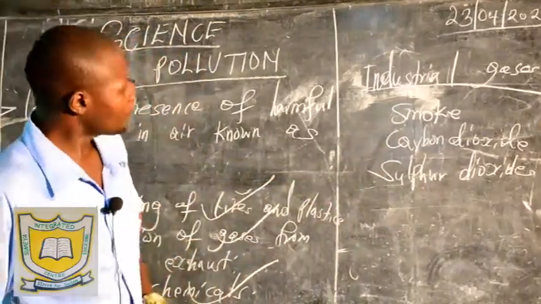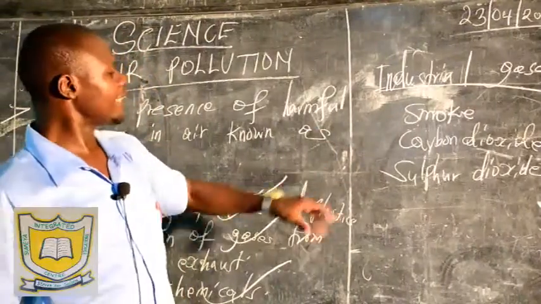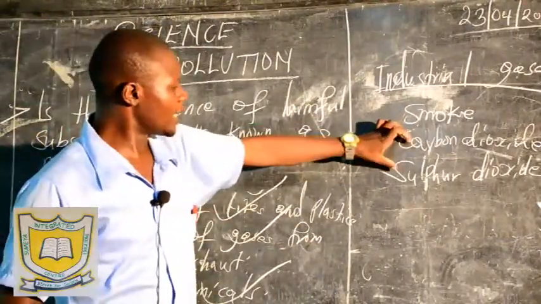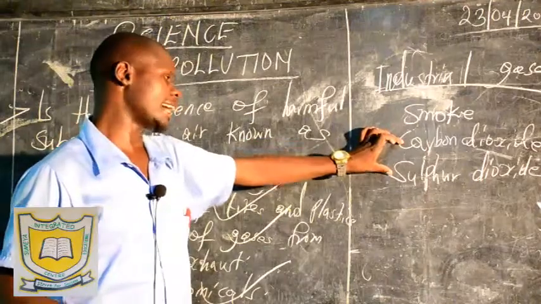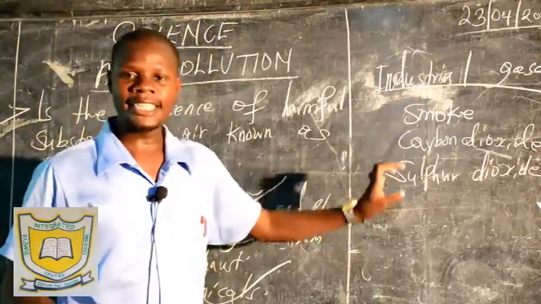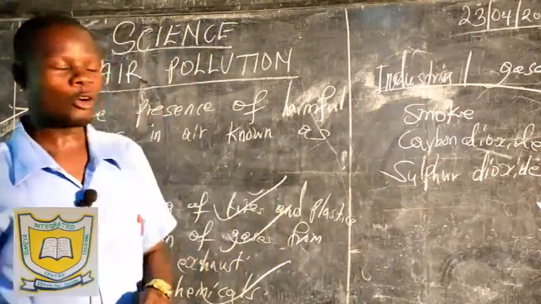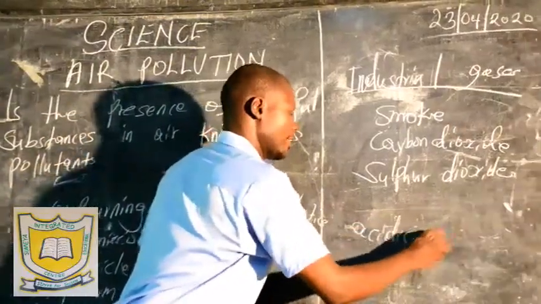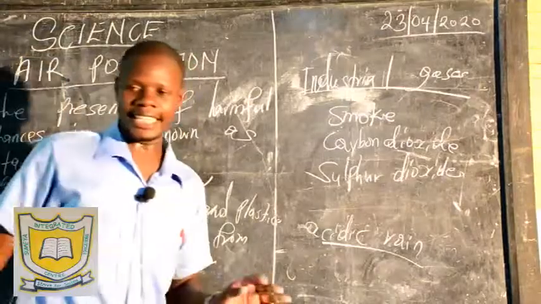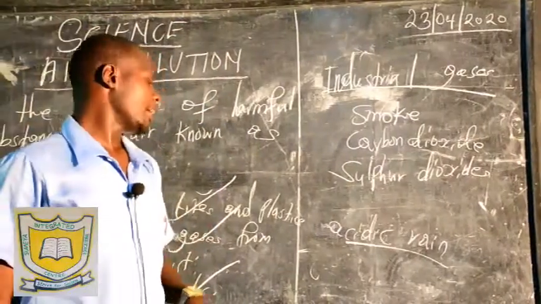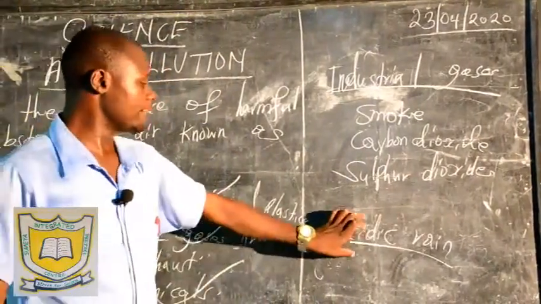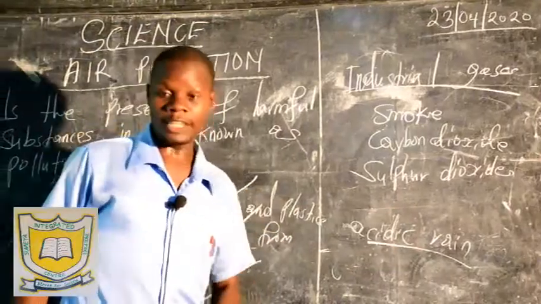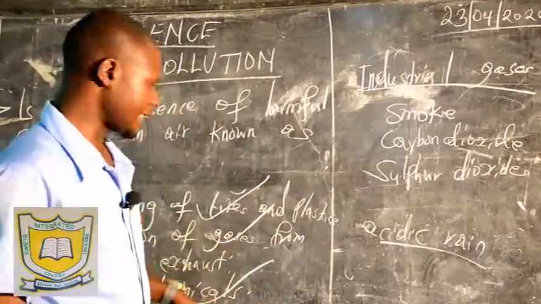Okay, now you find that these 2 gases, carbon dioxide and sulfur dioxide, combine with rainwater to form acidic rain. And this acidic rain pollutes the air. We will discuss the effects of acidic rain on the living components of the environment when we get to that.